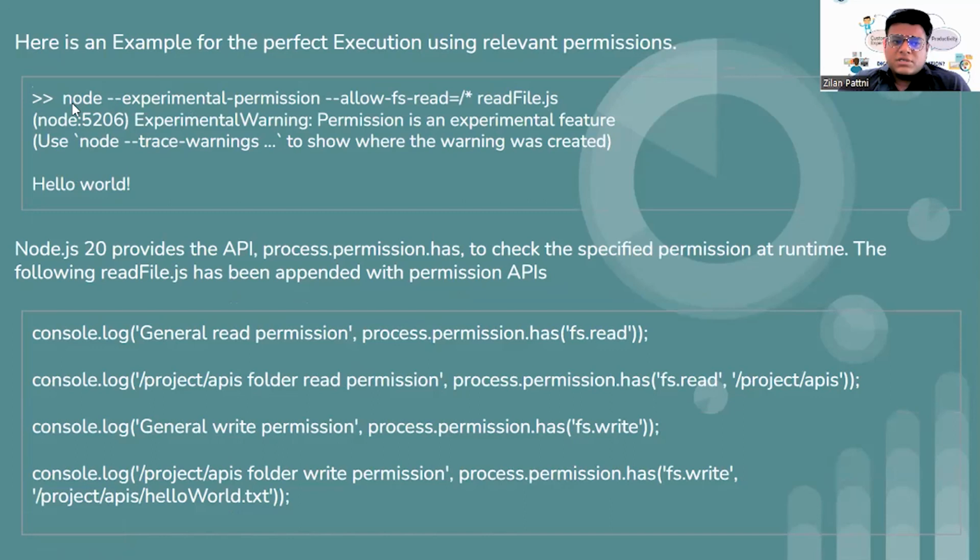After giving the permission with node experimental-permission, allow-fs-read, and the file name in which the code has been written, it reads the file and console outputs hello world. Similarly, you pass the permission to write.